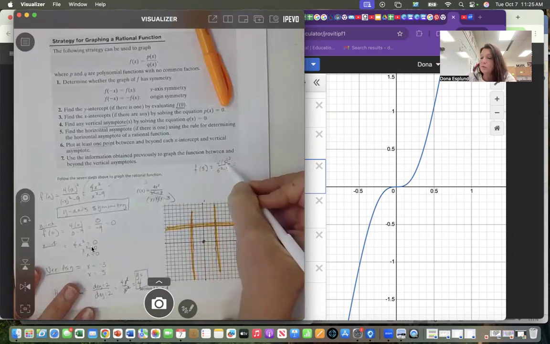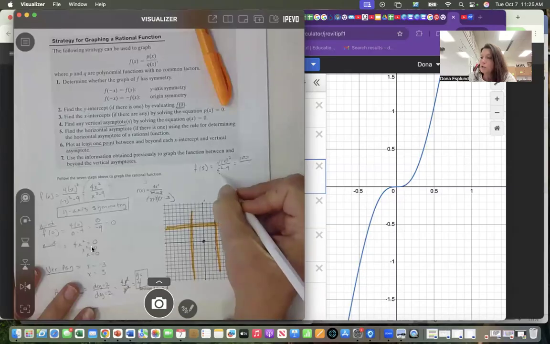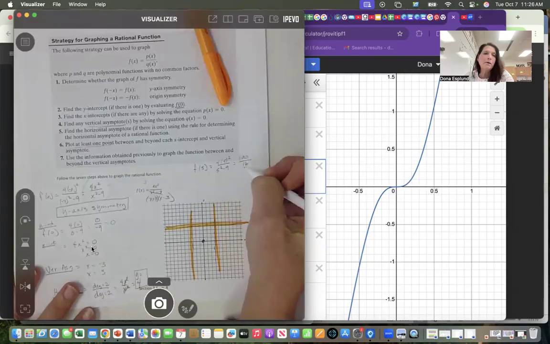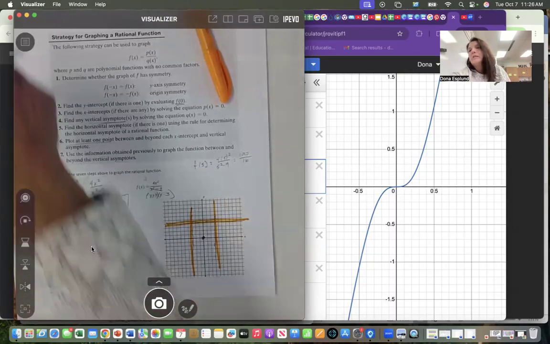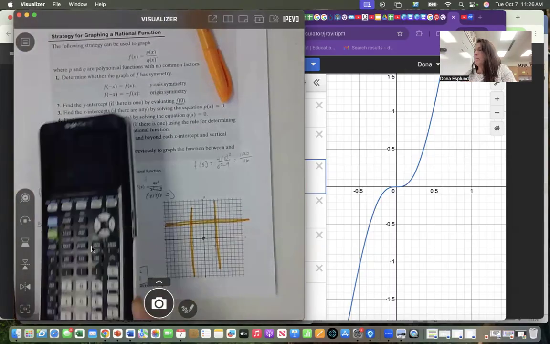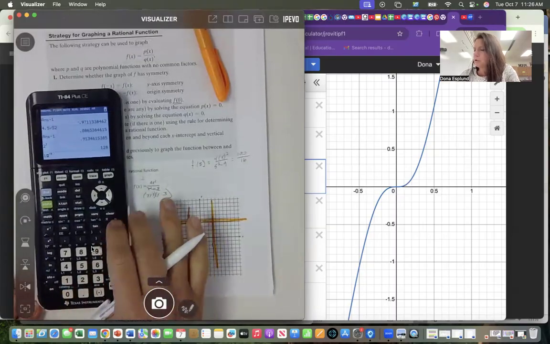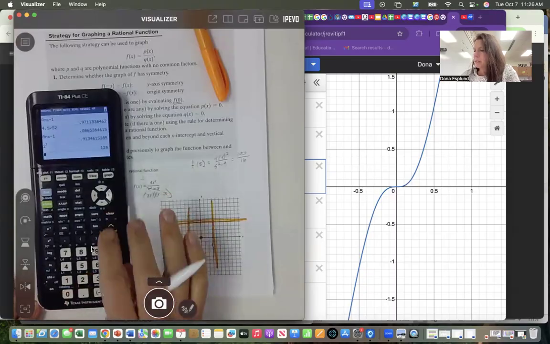Then I'm going to end up with 5 squared, which is 25, times 4, which is 100, over 25 minus 9, which is going to be 16. And so I'm going to get a positive number, and I'm going to see if I can grab that. I think that's going to be about, not sure, 100. Let me clear this out.